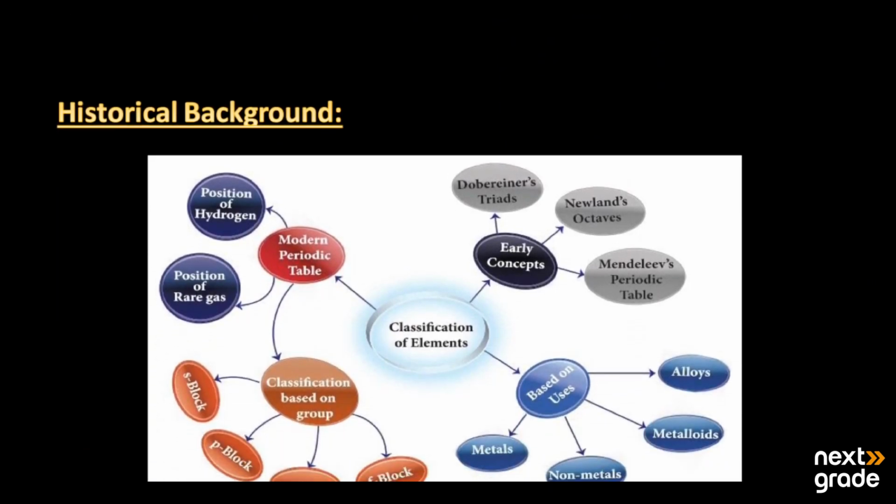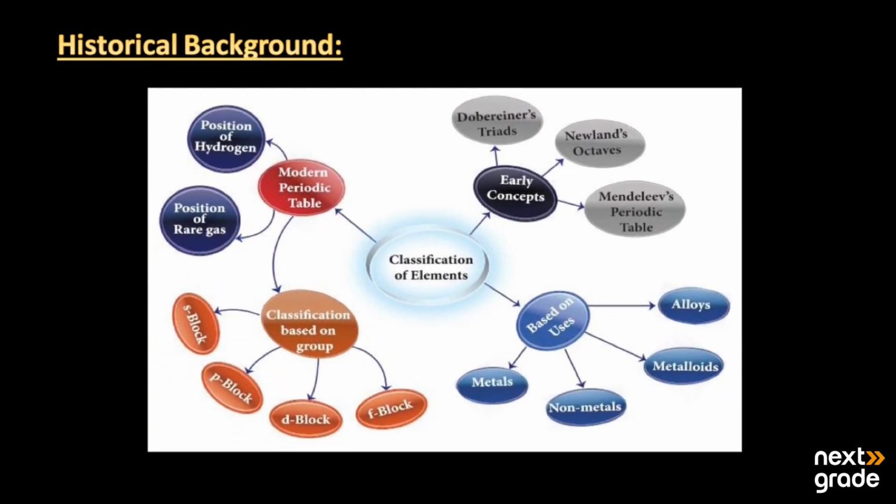Next, we have some historical background of the classification of the elements. The early concepts were proposed by Dobereiner with his triads. He grouped the elements into three and found the atomic mass of other elements. Then there was the work of Newlands.